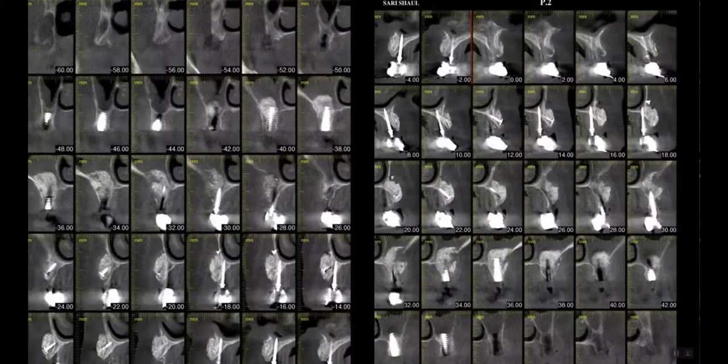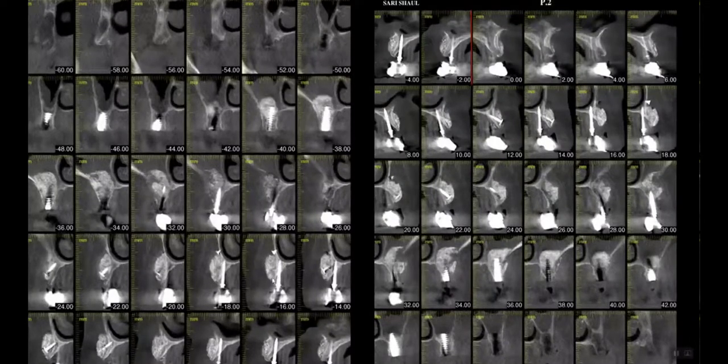6 months later, we send the patient for a CBCT. And what do we see on the x-ray? First of all, in the back, we see our sinuses, the implants, and the surrounding bone. When we go anteriorly, we can see the tenting screws and the bone that was regenerated on the buccal aspect.